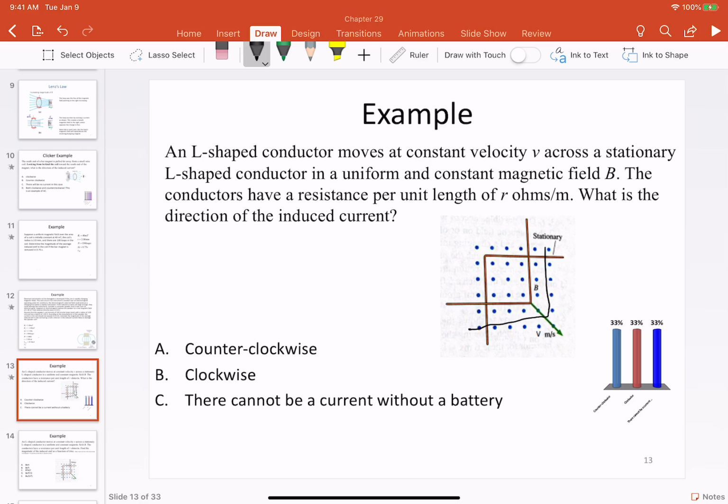In order to counteract the increase of flux, the loop will try to send a current in the clockwise direction, like this. What is the direction of the magnetic field that would produce? That would produce a magnetic field pointed into the page, right? And that will cancel out the increase in flux. So I hope that's clear.